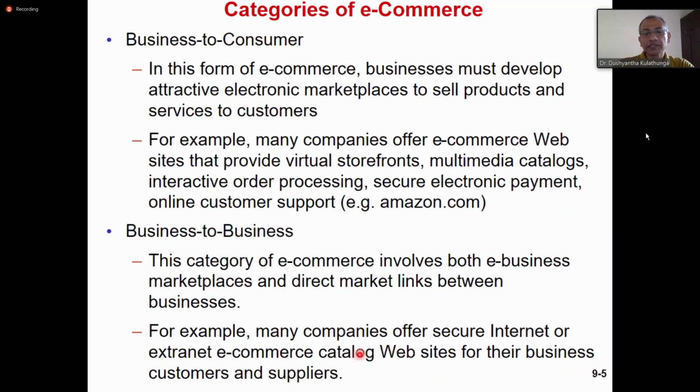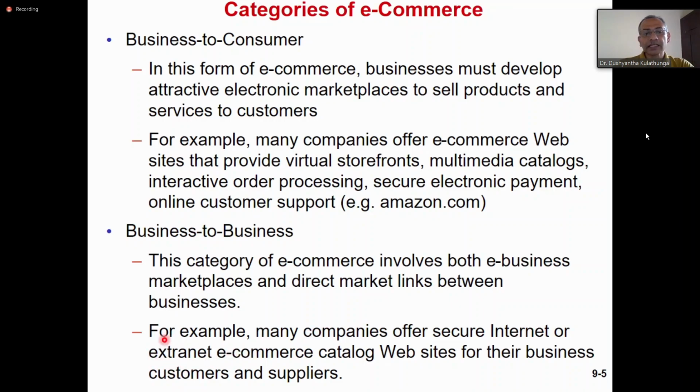One business organization is a seller, and the other business organizations can connect with the selling organization either using the internet or through the extranet facilities given to them. If it is internet, that means basically any business organization can access the seller.